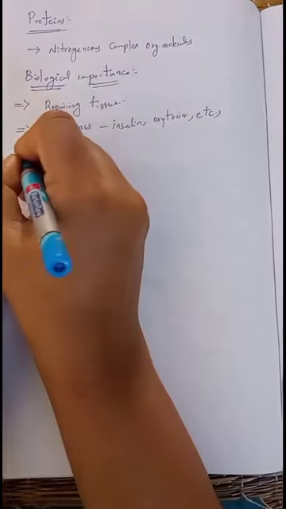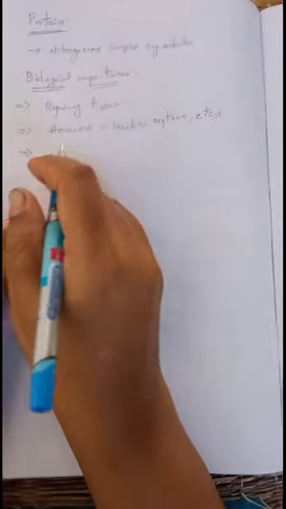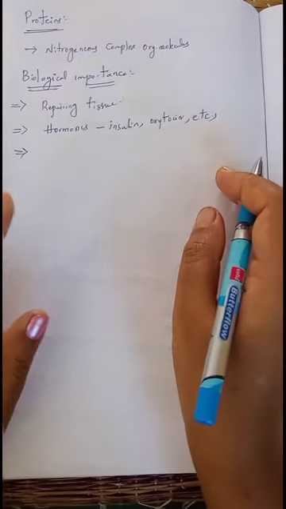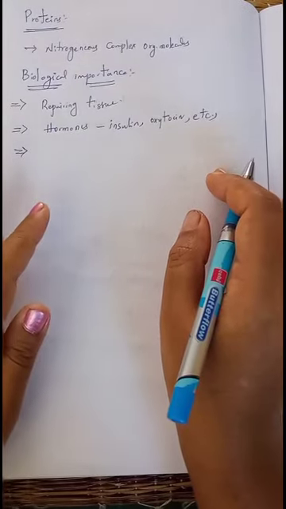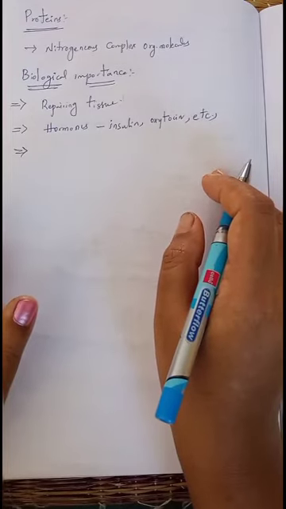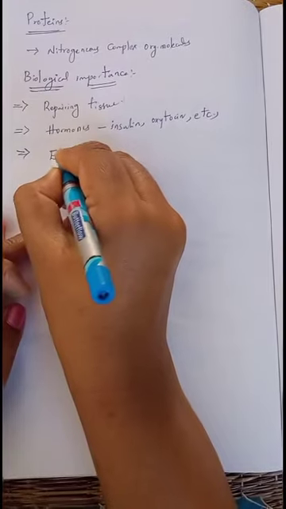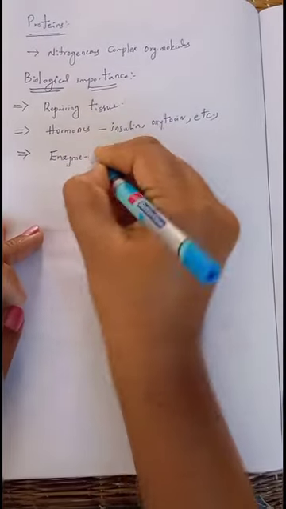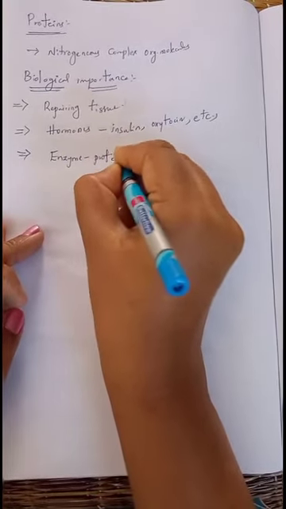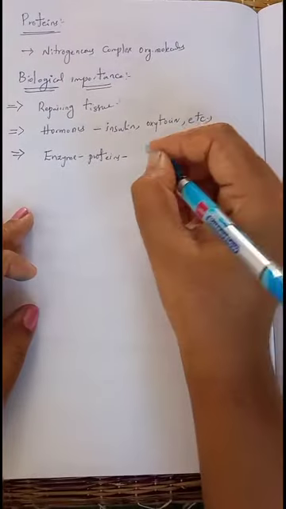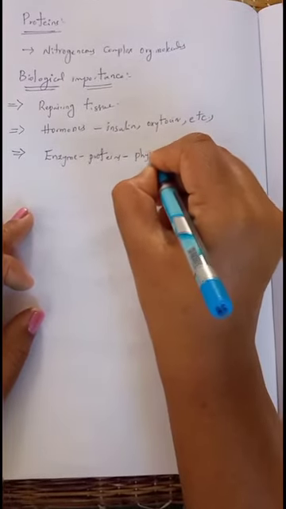The next important biological importance is that all enzymes are proteins. All enzymes are proteins which catalyze physiological reactions. Almost all enzymes present in the human body are proteins. These enzymes can catalyze physiological reactions.